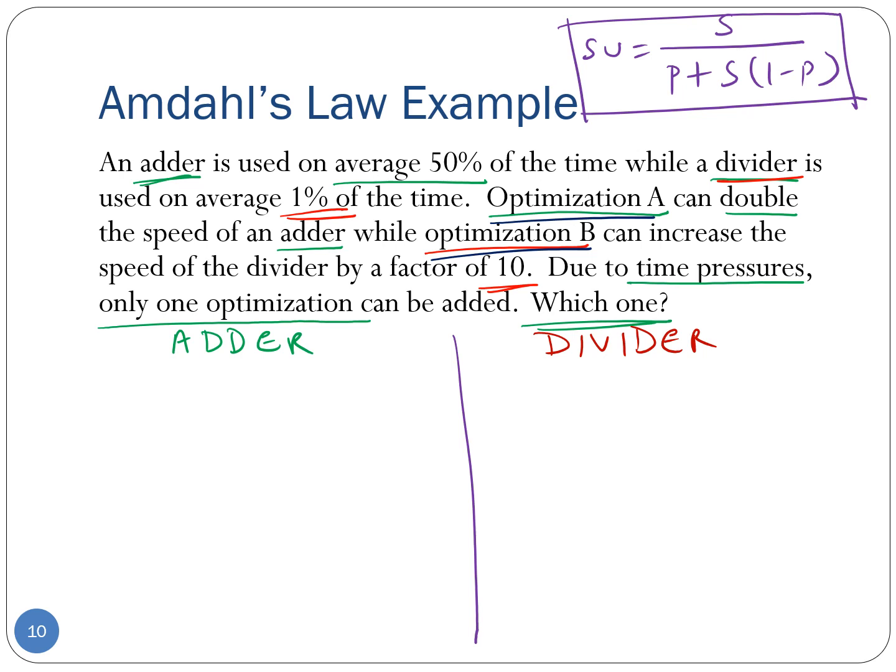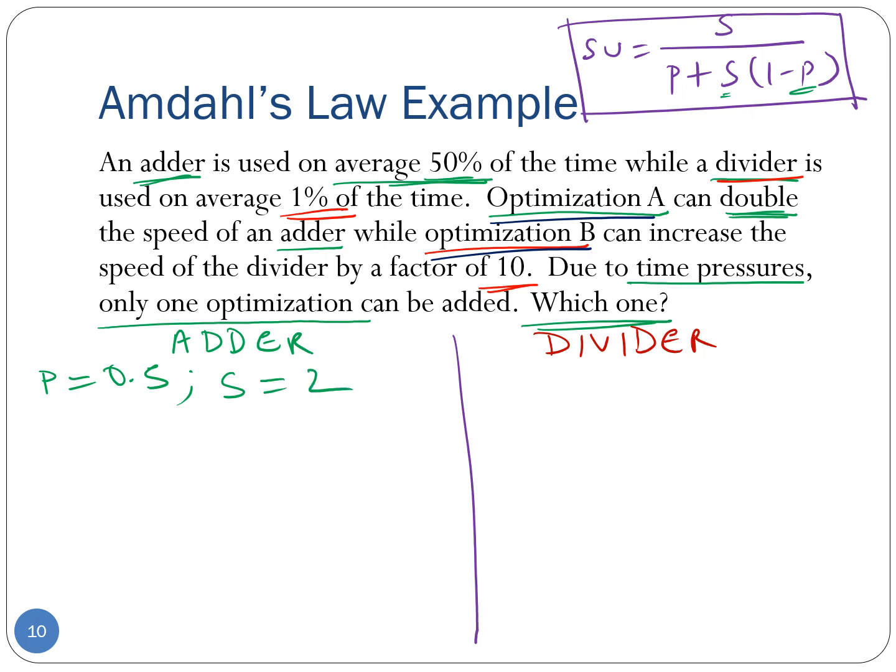The question says the adder is used 50% of the time. What that means is the value of P for the adder, the fraction of time that the adder is used, is 50%, which is 0.5. The question further says that optimization A can double the speed of the adder. So the speedup S that can be achieved for the adder is basically 2.